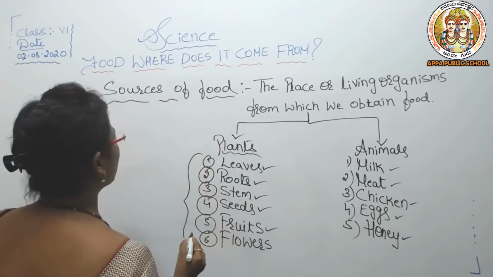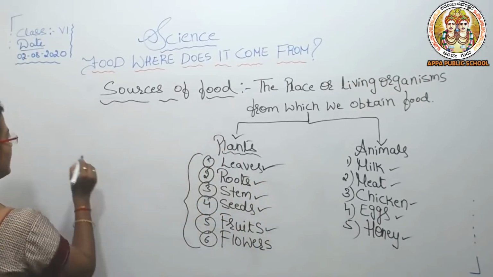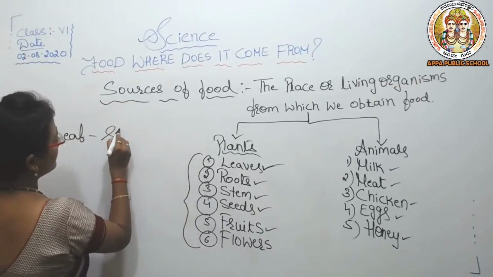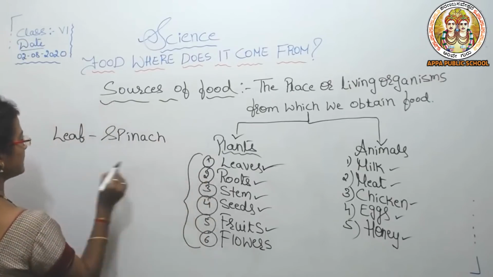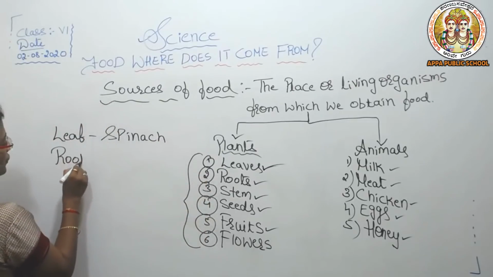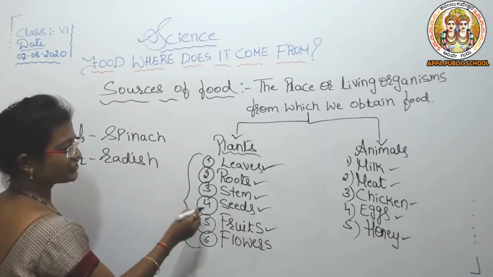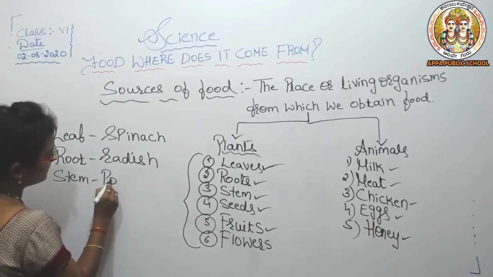You are thinking which leaves we will get. So let me tell you, I take one example here. Which leaf? We get spinach. Next, root, radish. Stem, potato.